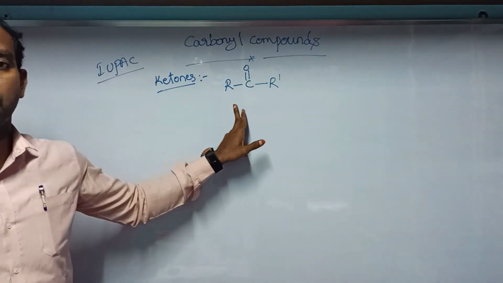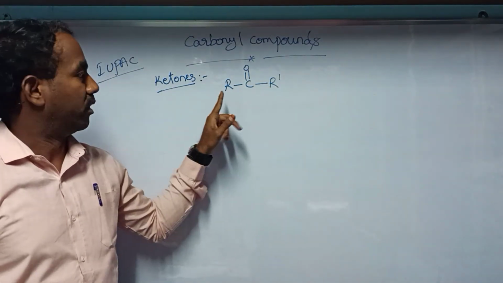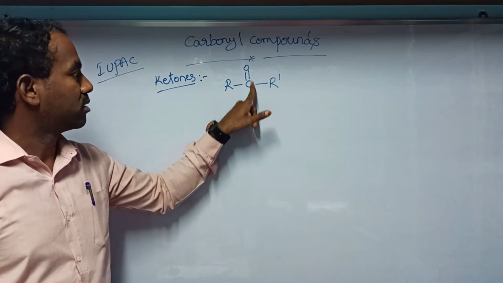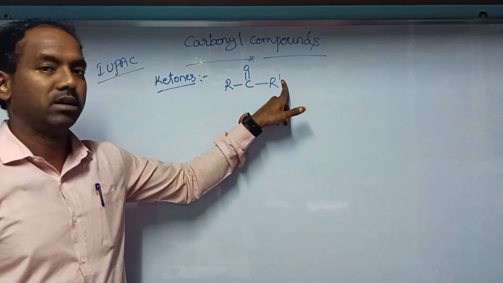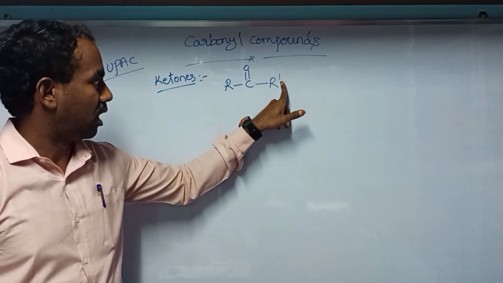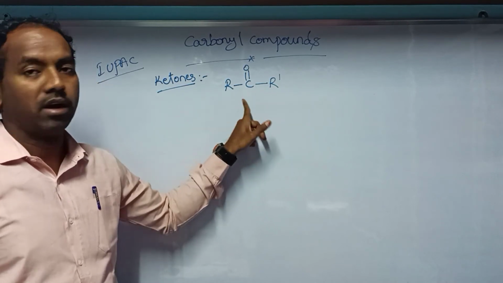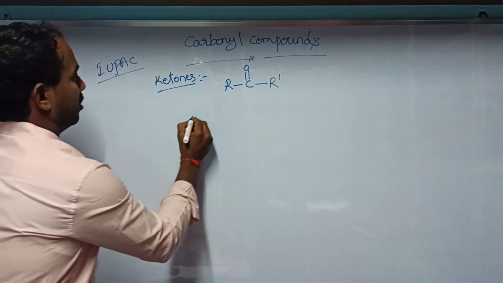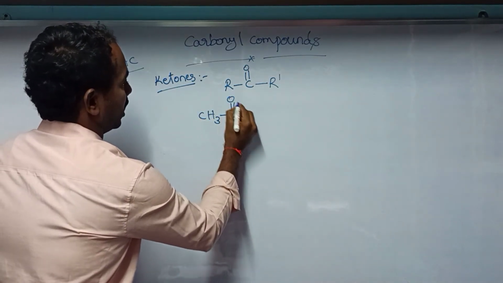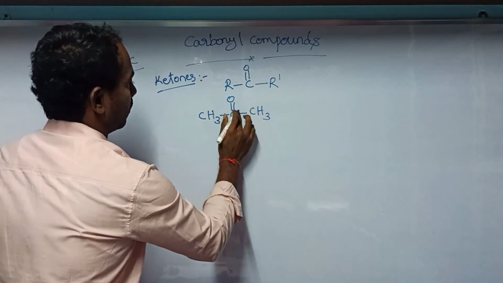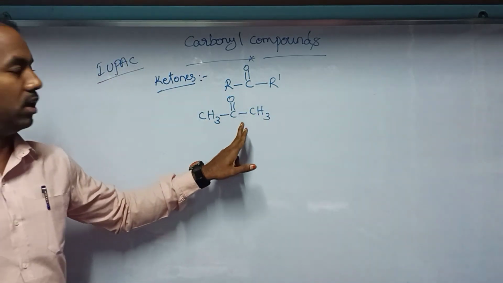Those alkyl groups might be the same or different. So the representation is R-C double bond O-R or R-C double bond O-R dash. We write R dash when the alkyl groups are different. The simplest example I will write for this ketone is CH3, C double bond O, CH3.